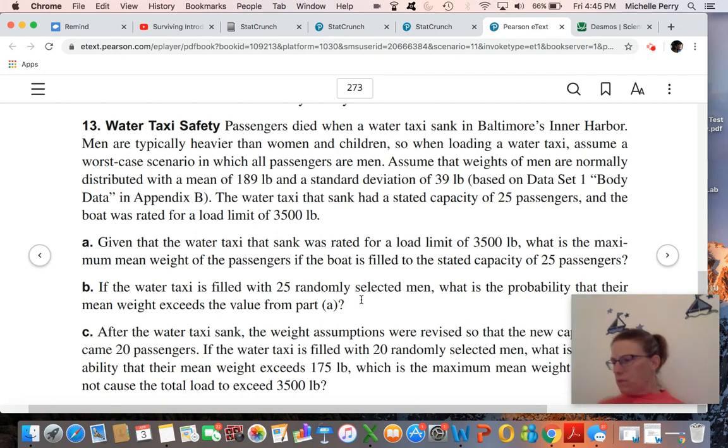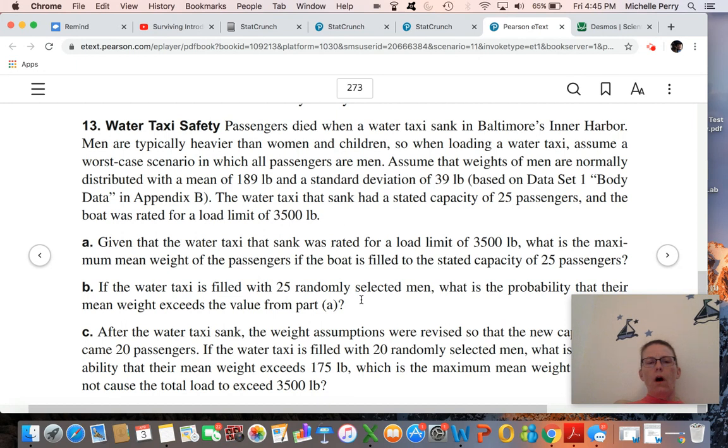So we got a lot going on in this problem. We have to figure out what's going on. Well, first of all, we know that it cannot exceed 3,500 pounds, and we know that it cannot hold any more than 25 passengers.